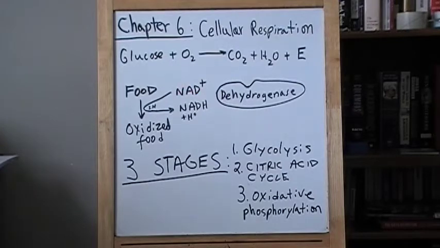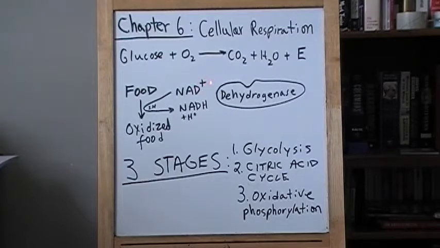And that process is catalyzed by an enzyme called dehydrogenase. What's actually happening there is that two hydrogen atoms are being extracted from the food along with their electrons and added to the NAD+. So the two hydrogen atoms have two electrons.